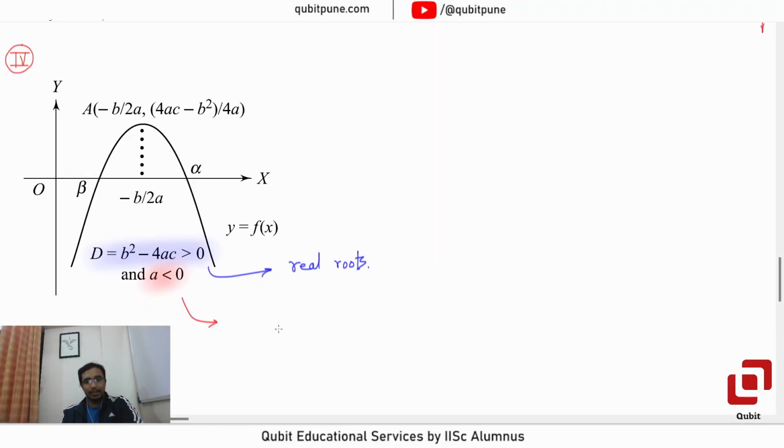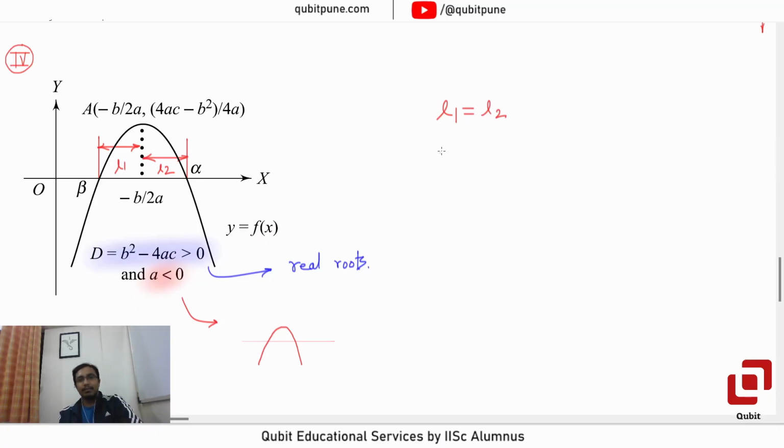The shape will be an inverted U, and this time again we can conclude that these two roots are equidistant from negative b by 2a. I will not repeat that exercise again. L1 will be equal to L2 even for this case.